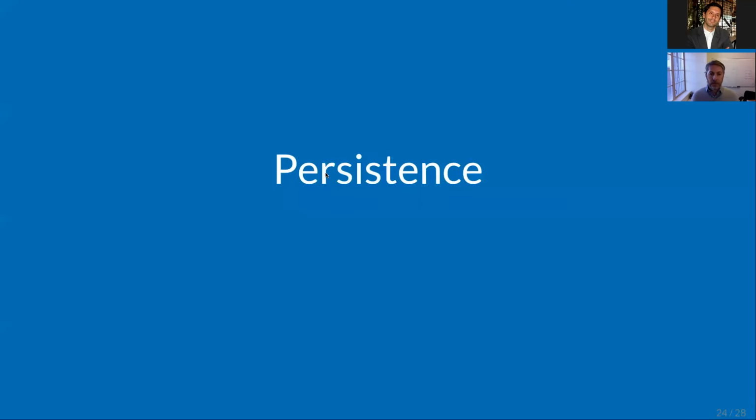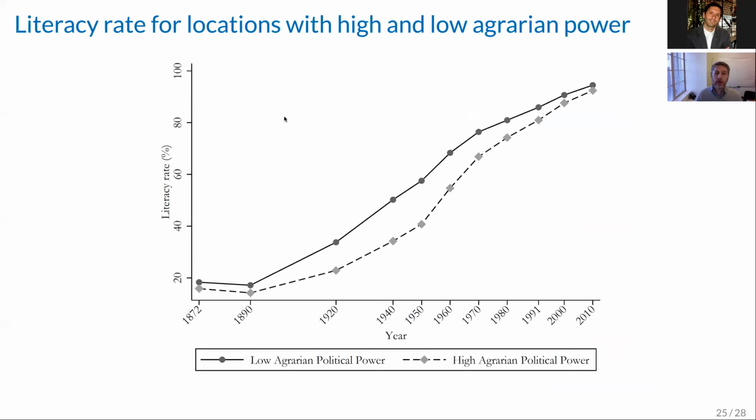Okay. So now let me move into the big part of the paper, I think, in terms of differentiating from the rest of the literature, which is actually showing the persistence. The first way to show the persistence is to split municipalities between places where the agrarian elite had low political power and places where the agrarian elite had a lot of political power.